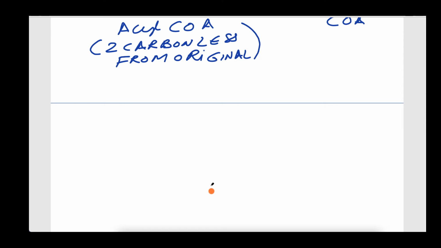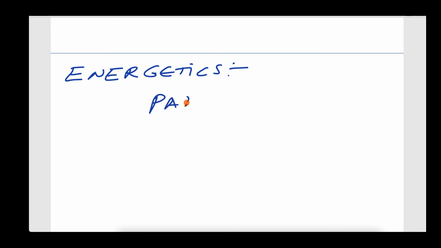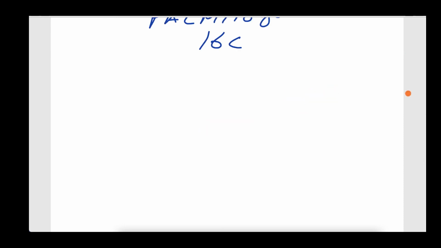Okay, next is the energetics of beta oxidation of fatty acids. Let us take palmitoyl coenzyme A, 16 carbon. Draw this one in this way.